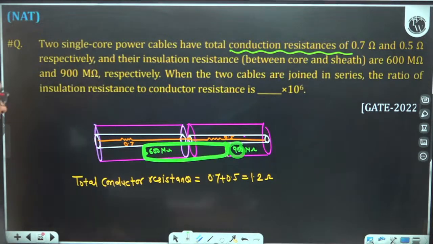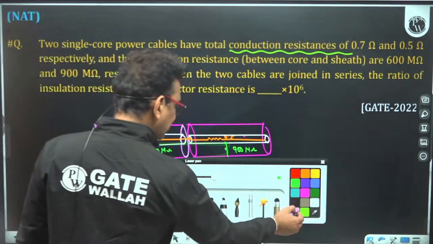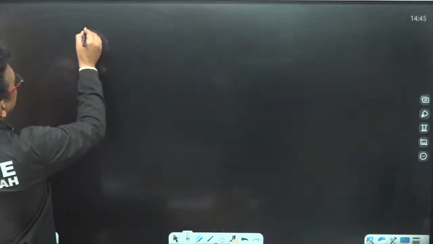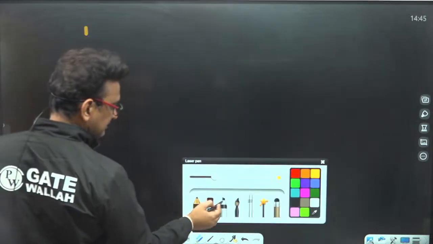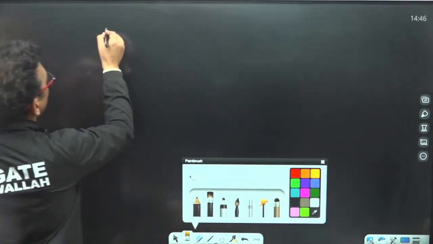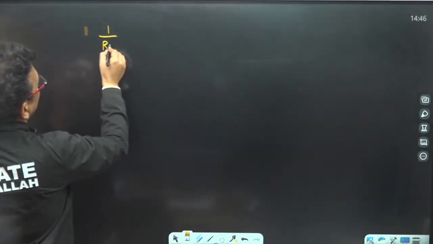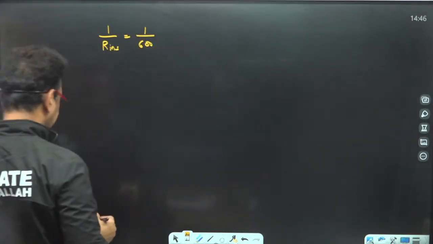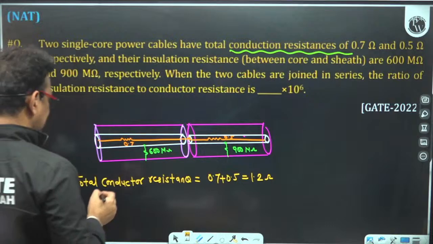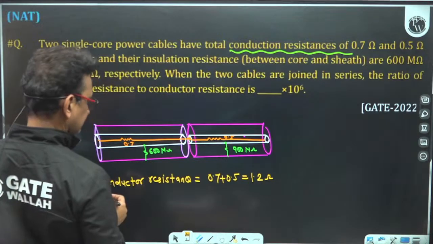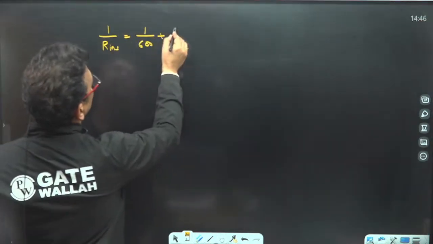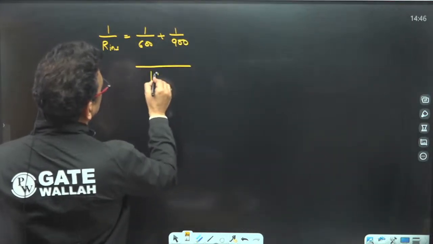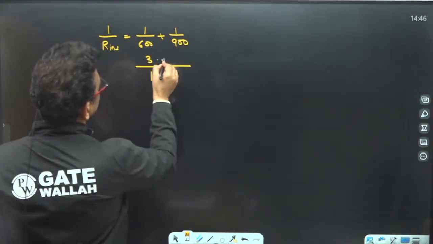So for 600 and 900, the total insulation resistance will become, parallel means 600 into 900 upon 600 plus 900, that is 3 plus 2.